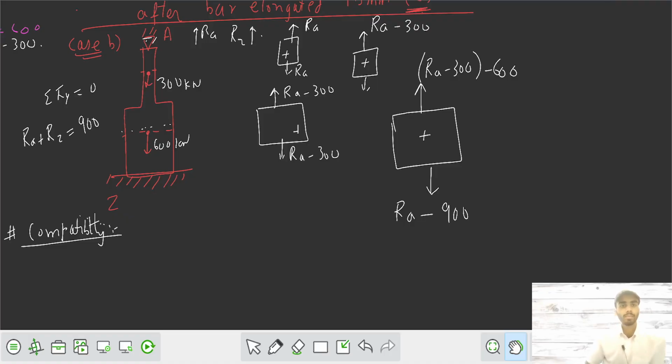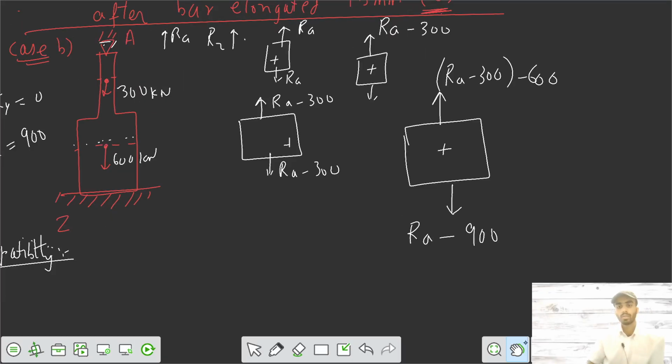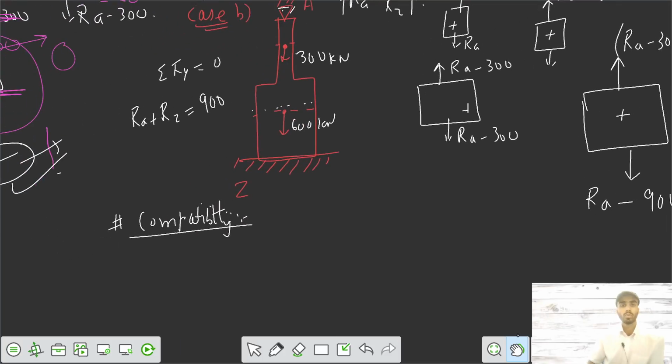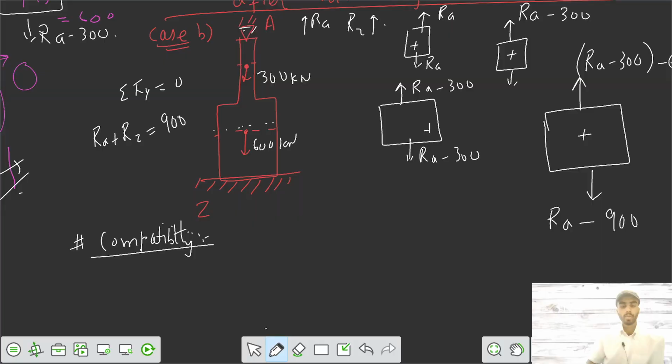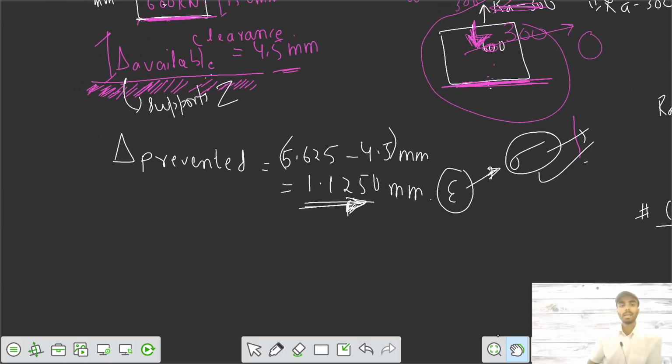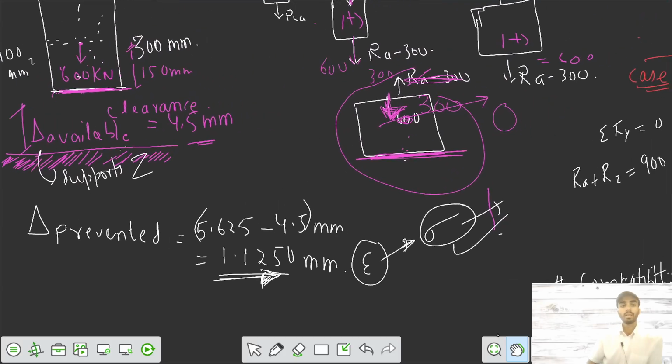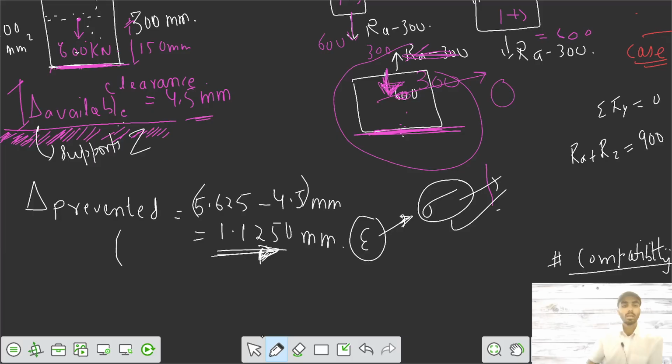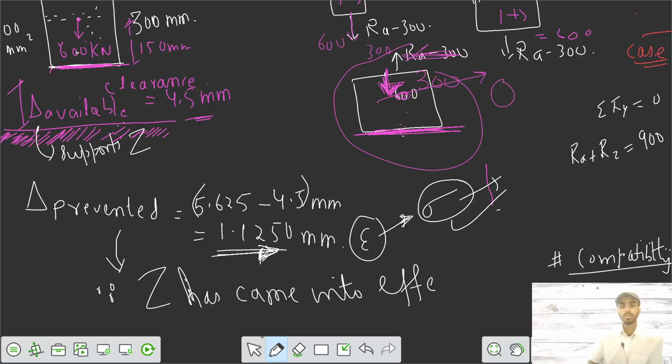So we can solve this in another approach also, using the compatibility condition. We can say in another way that the clearance, the delta that has been prevented, is prevented because support Z has come into effect.